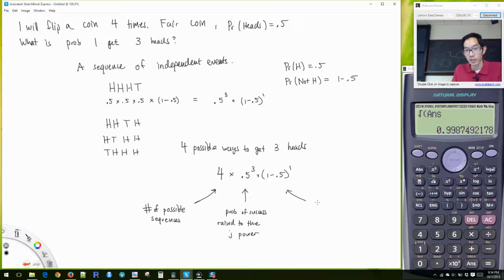And over here, this is the probability of non-success or failure raised to the n minus j power. Because if we're going to have a total of n trials, j of them have to be successes, which means the remaining part, n minus j, has to be non-successes.